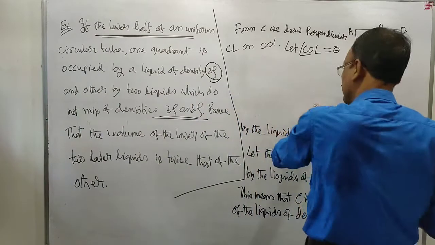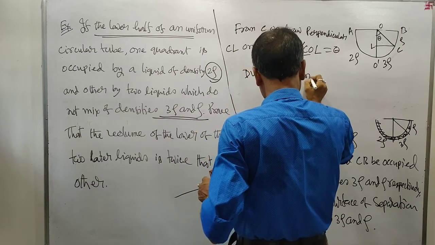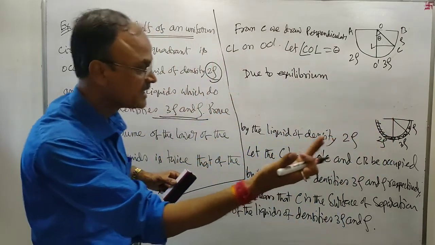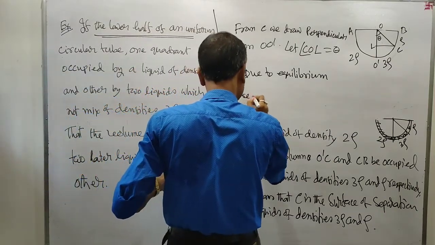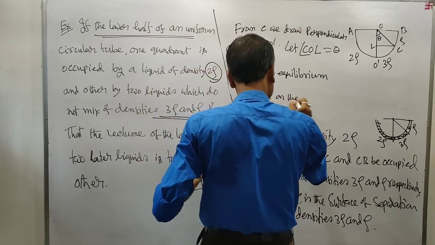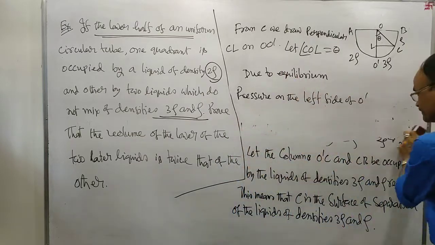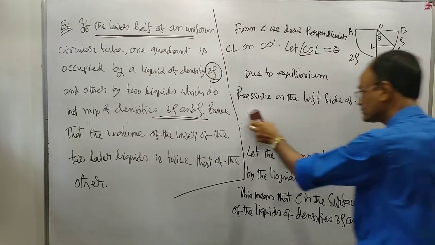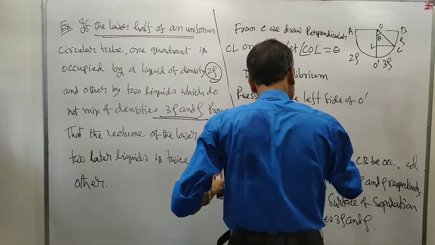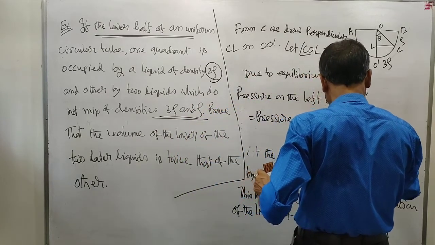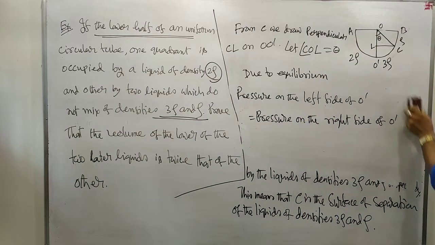Now, due to equilibrium, pressure on the left side of O dash is equal to pressure on the right side of O dash.